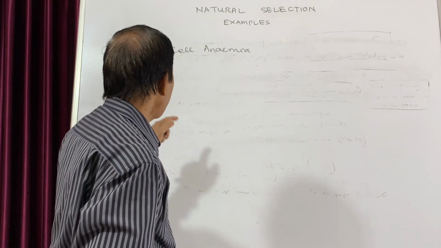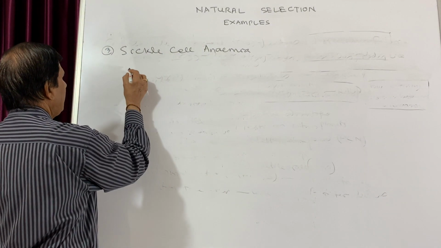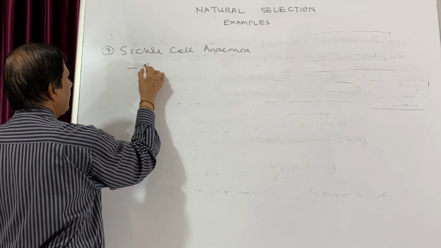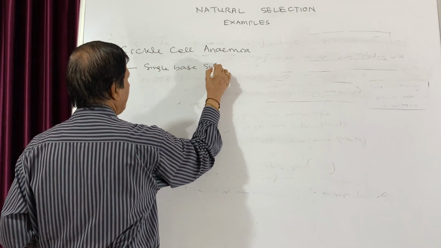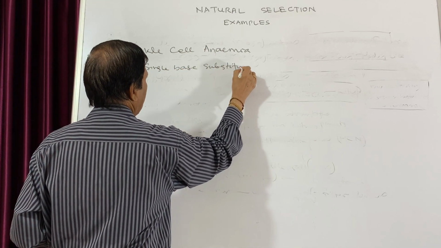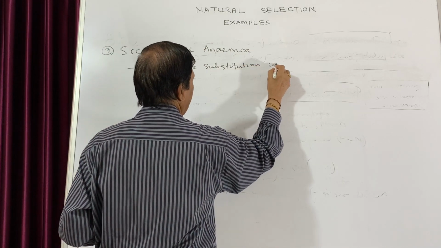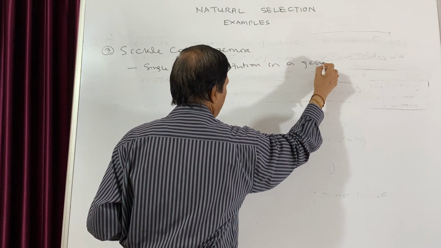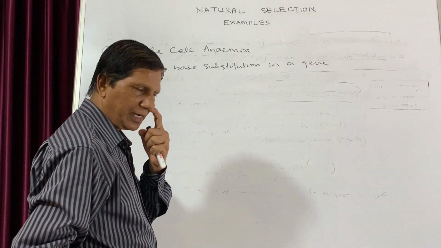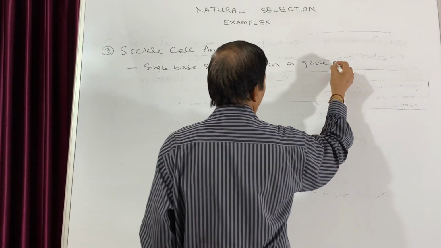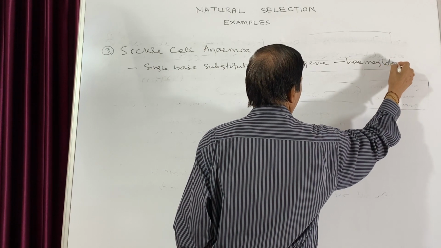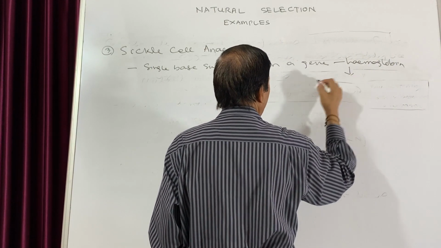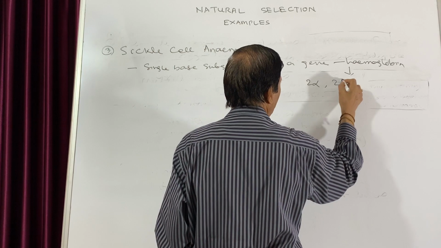It takes place due to a single base substitution in a gene which produces hemoglobin, and in hemoglobin there are 2 alpha chains and 2 beta chains.